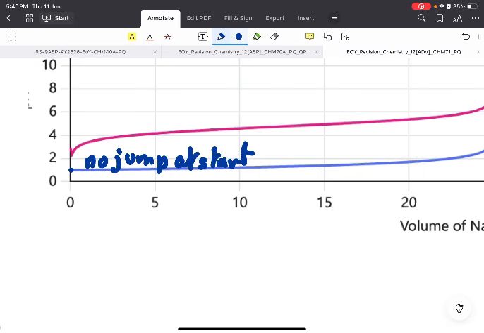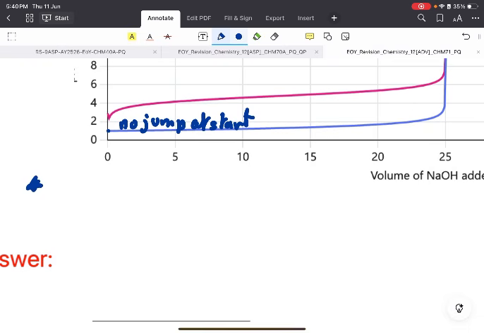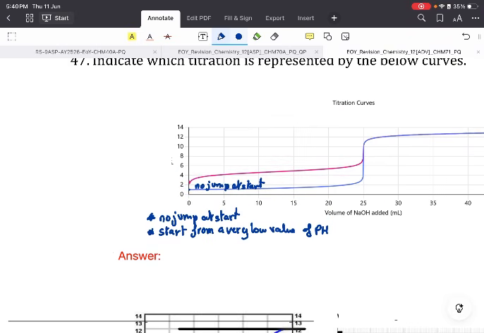That's an indication that I have a strong acid. Second, it starts below zero. So for the blue one, there's no jump at start, and it's starting from a very low value of pH.